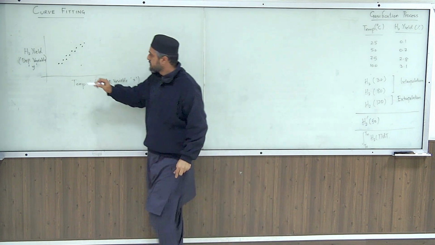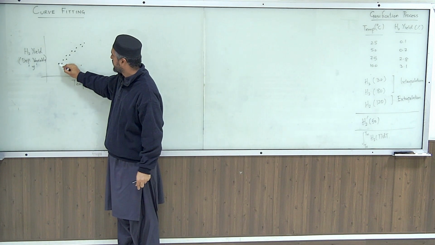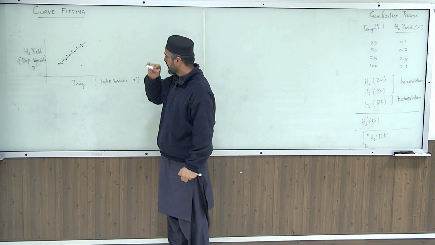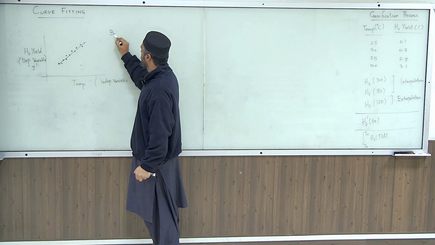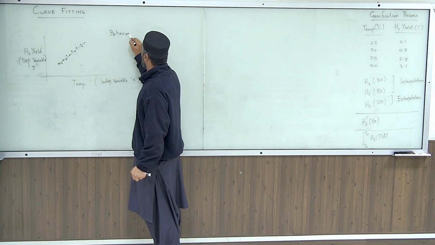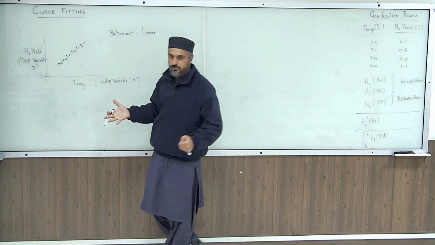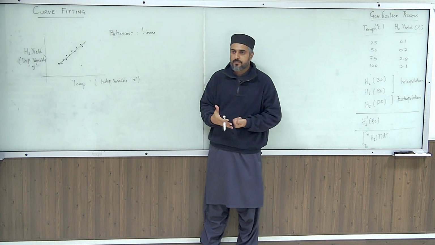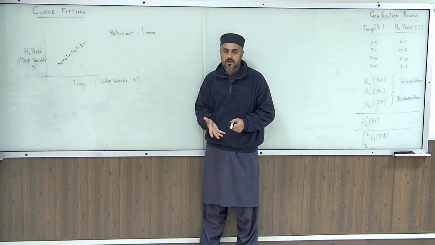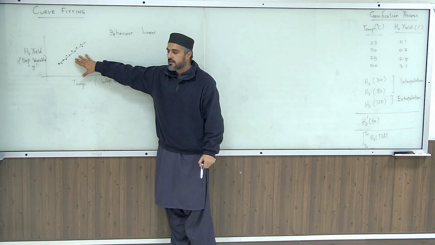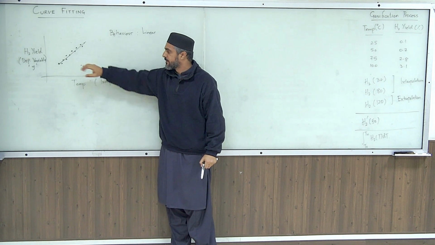So maybe a linear line like this is what I want to fit within this data. The consolidated behavior of the data we will be able to see once we plot it.